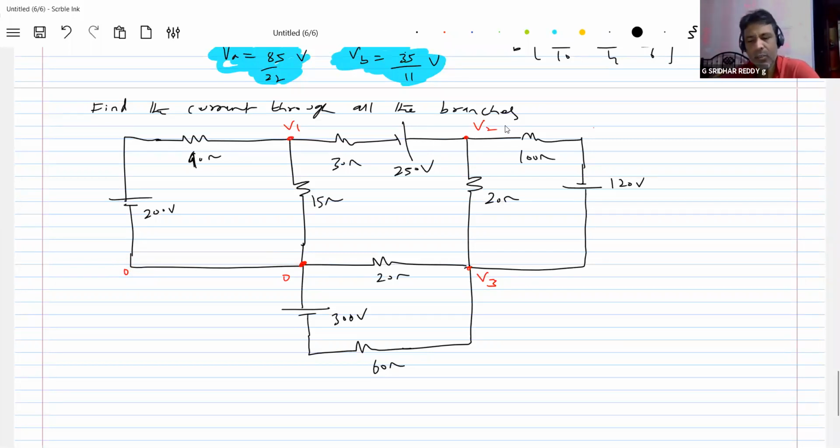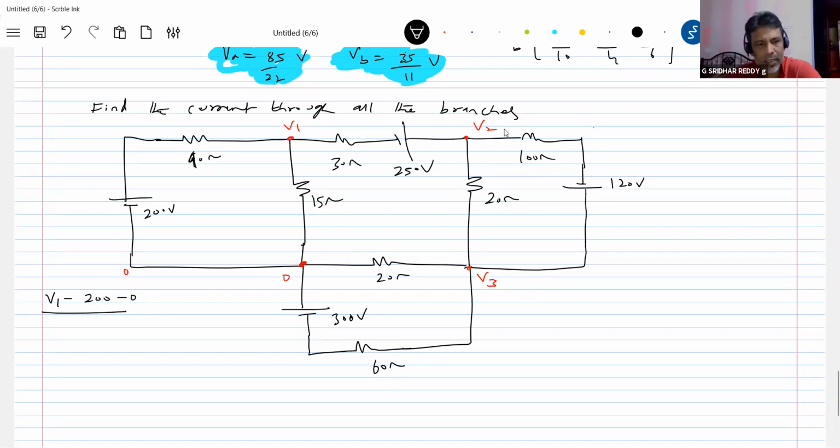Okay, then let's go for writing the equation. So this should be V1. V1 minus 200 minus 0.